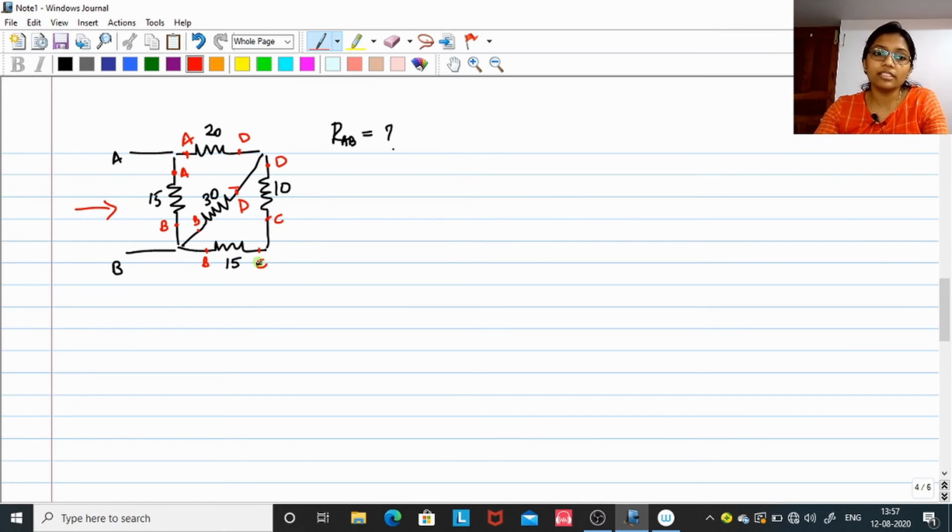10 and 15, you can see that they share only one single common point, which is C. The other points are B and D. So 10 and 15 share only one point, which is C, and nothing emerges out from this common point. Nothing like a battery or a meter arises from there. So we can say that 10 and 15 are going to be in series. So what is the series equation? 10 plus 15, that is 25 ohms.